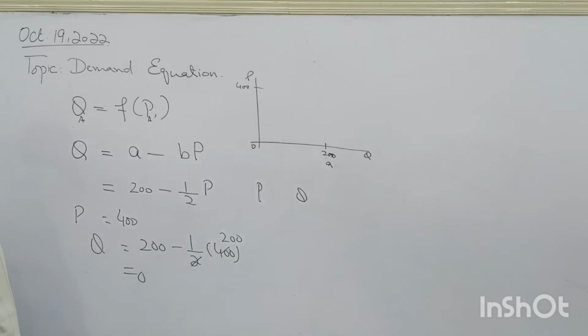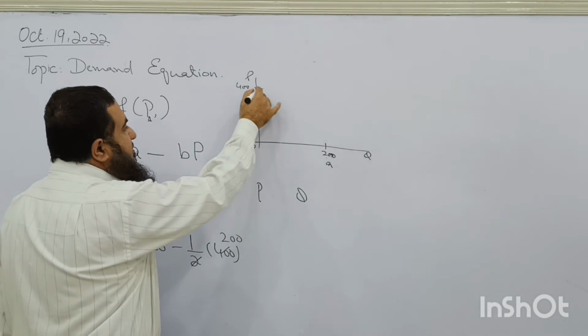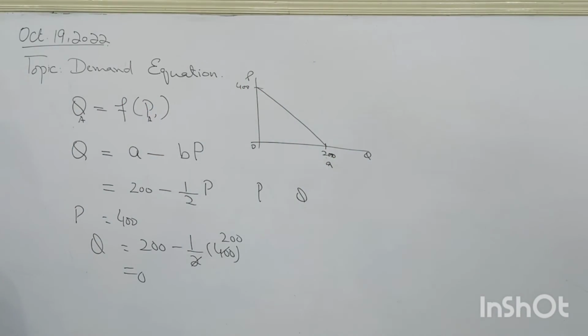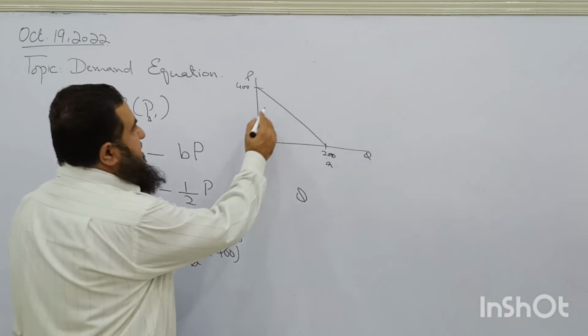If we join these 2 points, what is happening? We get a demand curve. Clear? Straight line, linear demand curve. Its slope is constant. What is its slope? Negative slope. What is the value of its slope? Can you write it in this way?